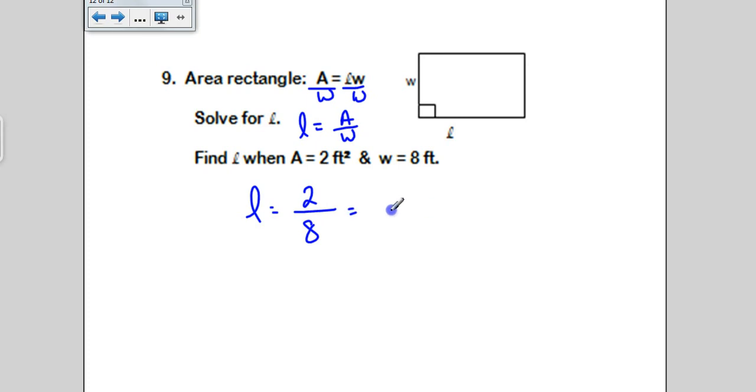This comes out to a decimal or a fraction. I don't care which one you write down. I'm going to write 1/4, and then if I look at my dimensions, they're in feet. So it's 1/4 of a foot. Could easily convert that to inches instead of 1/4 of a foot, though a decimal would work fine for this problem. And I think that concludes our lesson on 1.4.